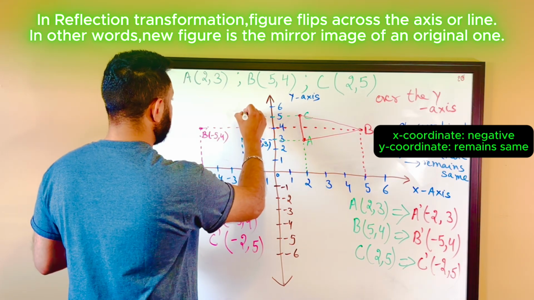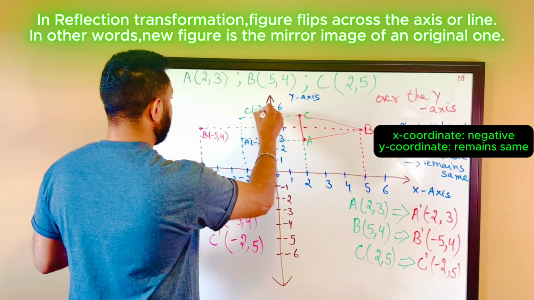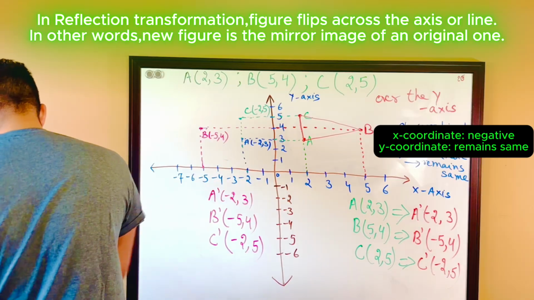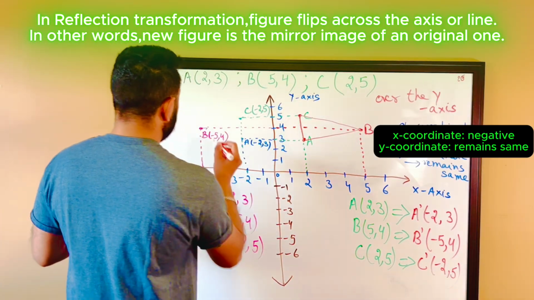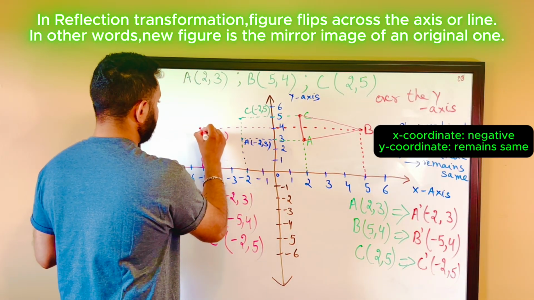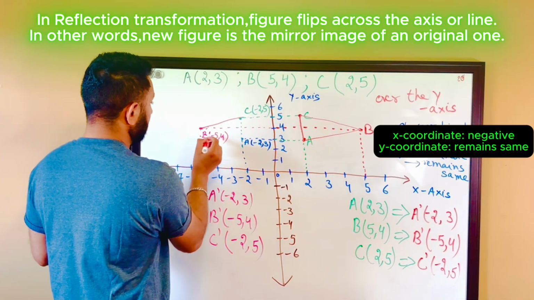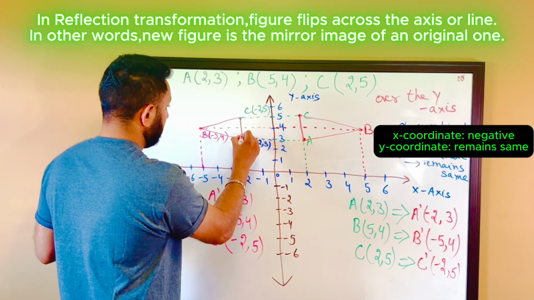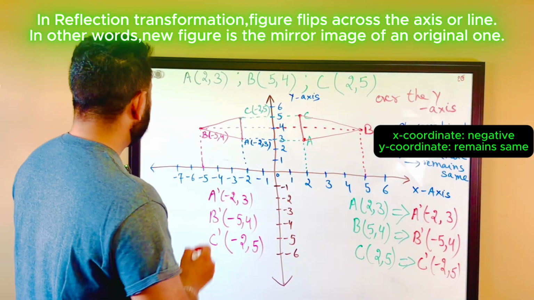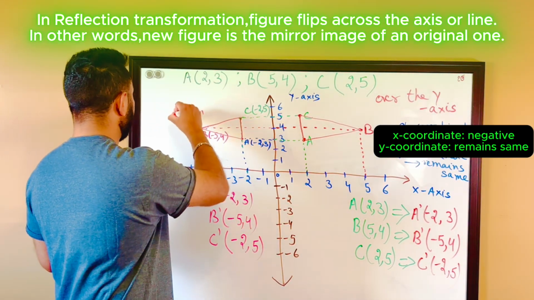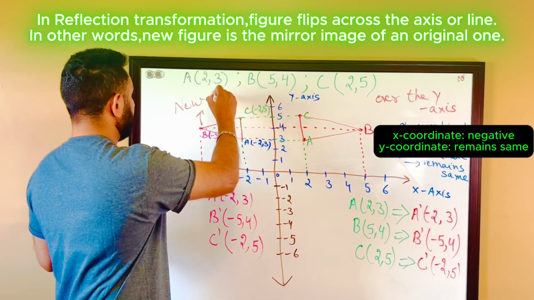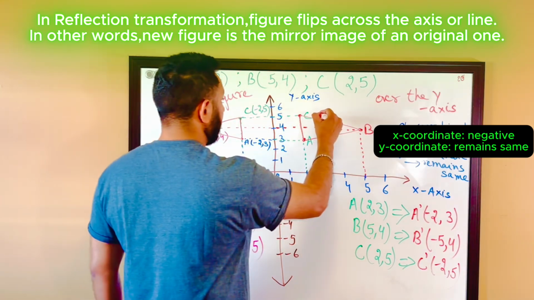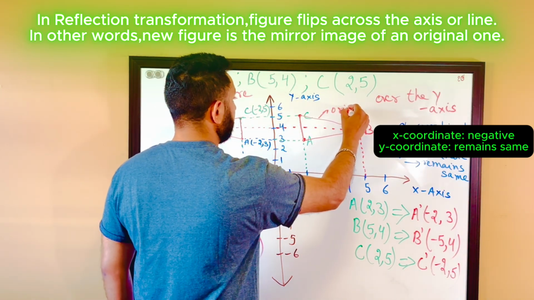So this is C, -2 and 5. Now we're going to join the points. So this is our new figure after reflection over the y-axis, and this is our original figure.